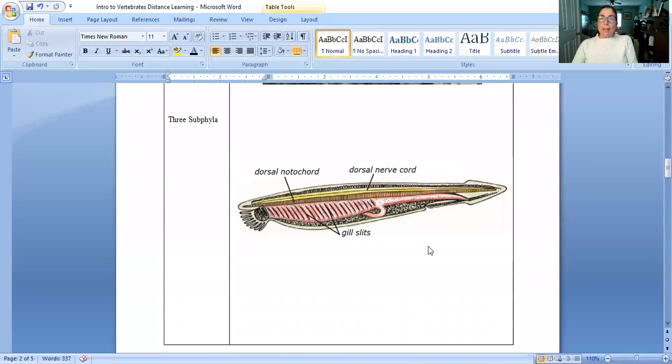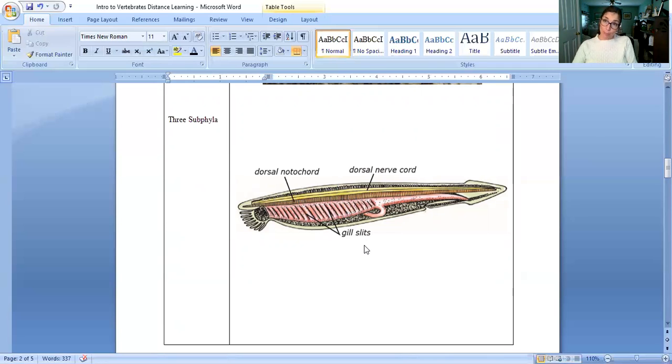This is a diagram of the internal structure of the amphioxus, and you see here's their dorsal notochord in sort of this orangey color. It doesn't develop into a vertebral column. You see the dorsal nerve cord being more dorsal than the notochord, and their pharyngeal pouches have become gill slits that allow them to respire, sort of like a fish.